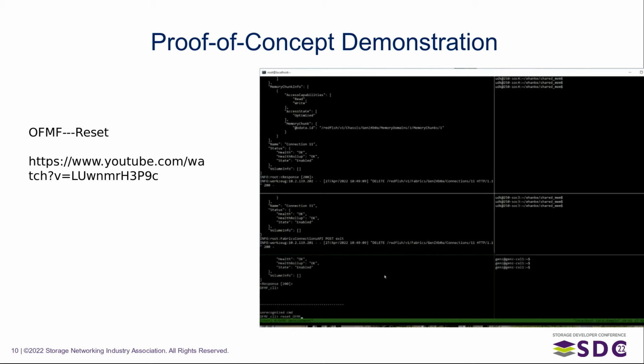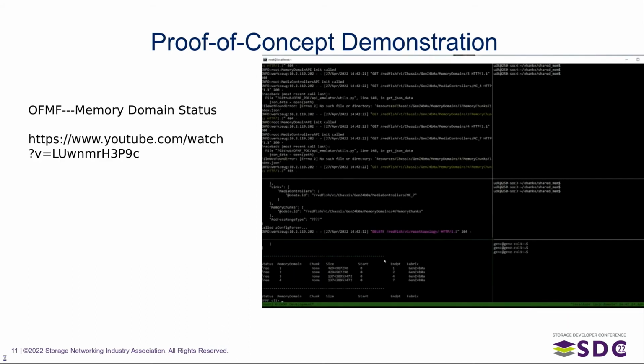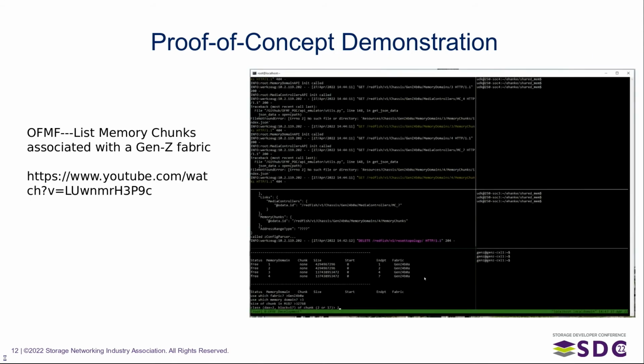But you can see things like, in this case, a reset. You can check memory domain status. You can see what you've got available for memory. In this case, you can see in bytes what everything was there available to use. And then you can list the memory chunks that are associated, who's using them, so you don't try to use a chunk that somebody else is using.